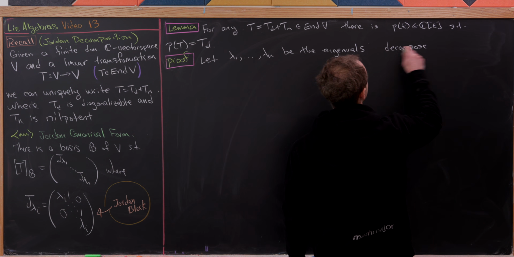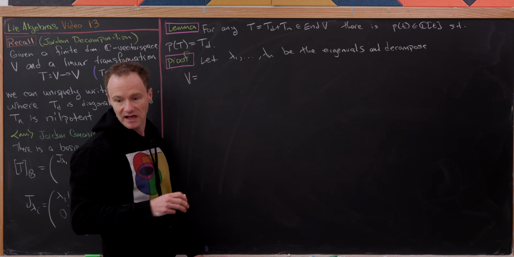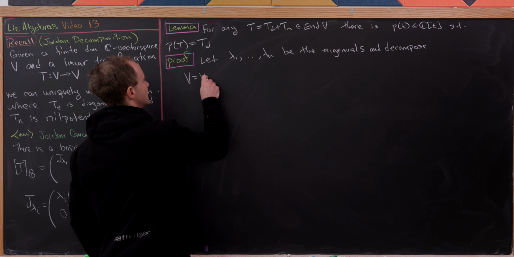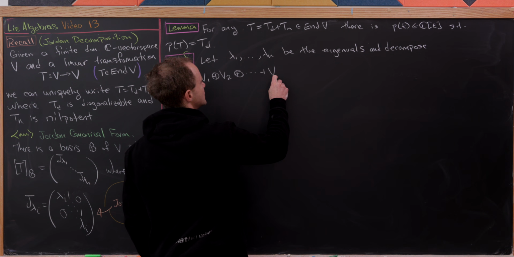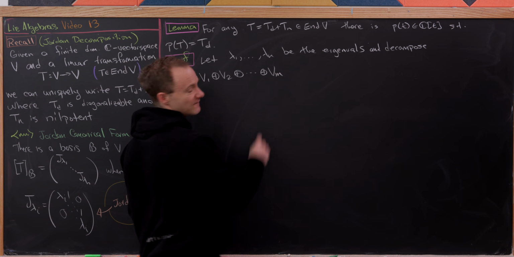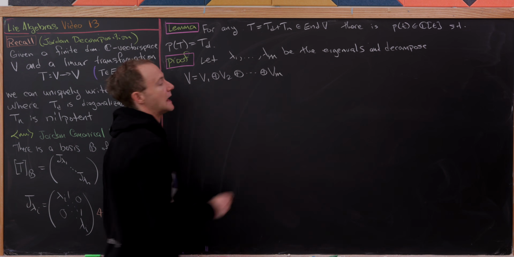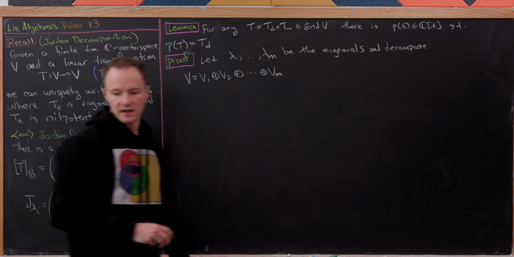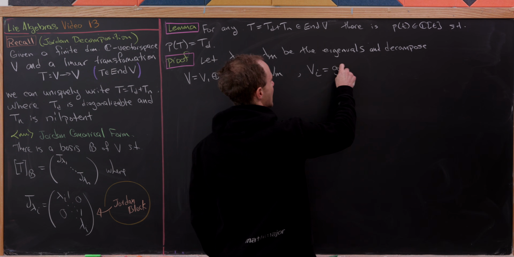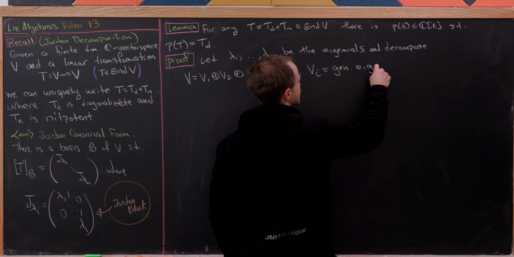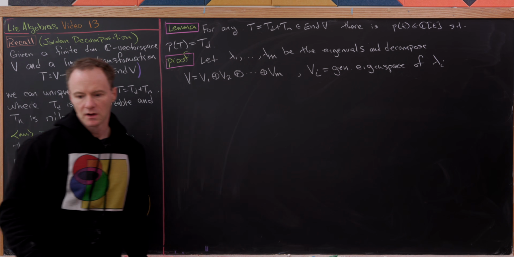And then let's decompose our vector space. So we'll decompose V as V1 direct sum V2 all the way up to the direct sum of Vm. Oh, and I should say that this ends at m. And then, like I kind of alluded to, this Vi is the generalized eigenspace of lambda i.